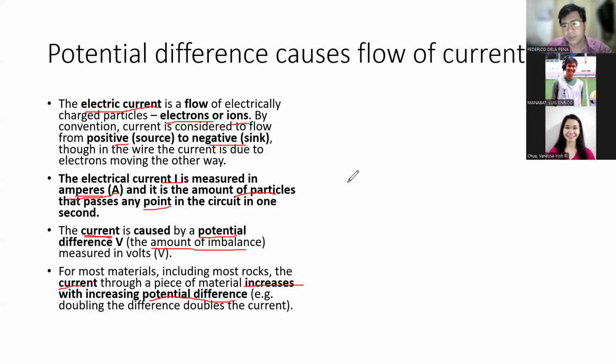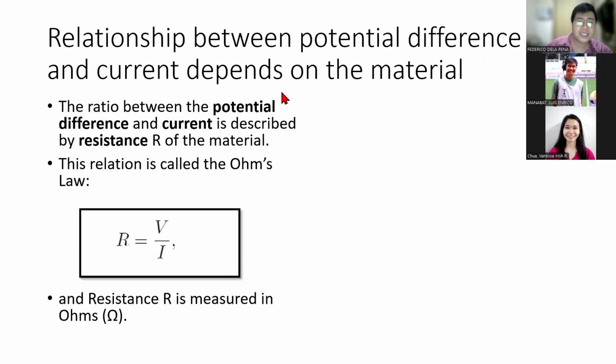It's similar to potential energy and kinetic energy, like the higher you fall from a building, the greater your velocity. So the bigger the potential difference, the bigger the electric current. And the relationship between potential difference and current will depend on the material.